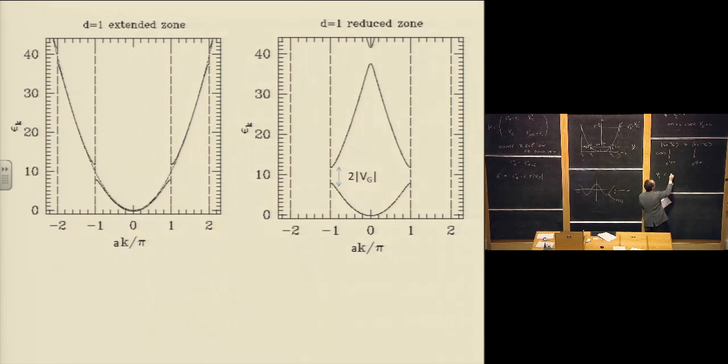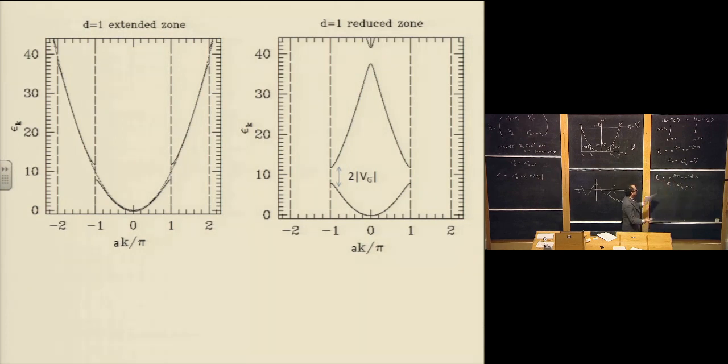Our psi plus will be e to the i pi over a x plus e to the minus i pi over a x, and its energy E plus is E naught pi over a plus V twiddle. And the other eigenstate, psi minus, is e to the i pi over a x minus e to the minus i pi over a x, and its energy, E minus, is E naught pi over a minus V twiddle.